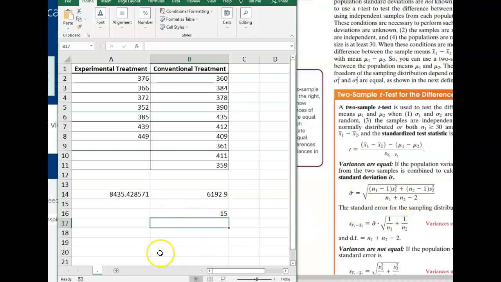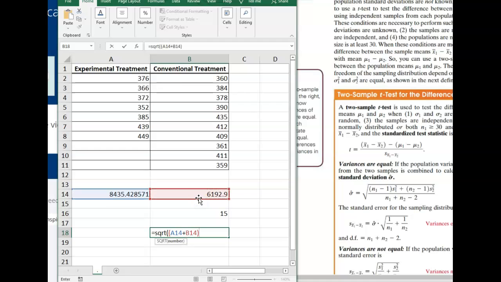And I want the square root of that entire thing. So I've really broken it down to chunks here. But this is going to be the final calculation. We have the square root. And on top, I should probably put that in parentheses for the top, this number plus this number. And then divide by the two sample sizes added together, minus 2.